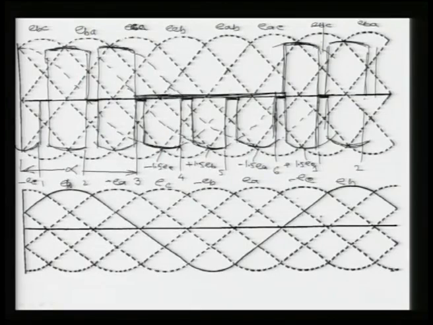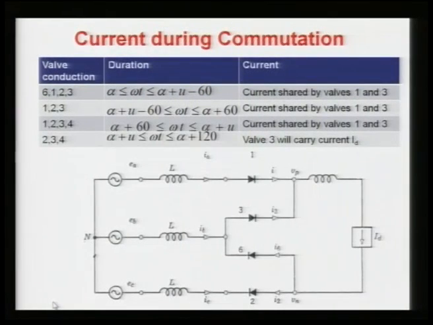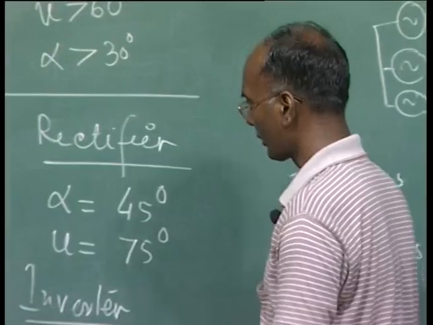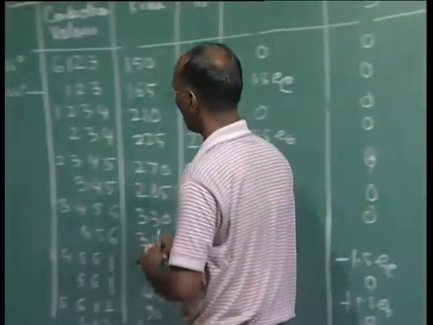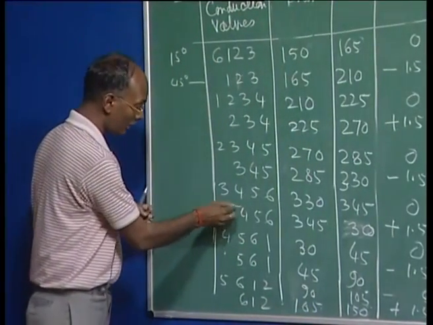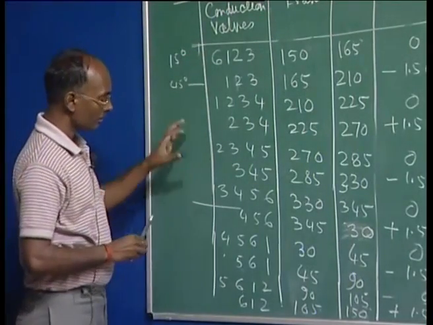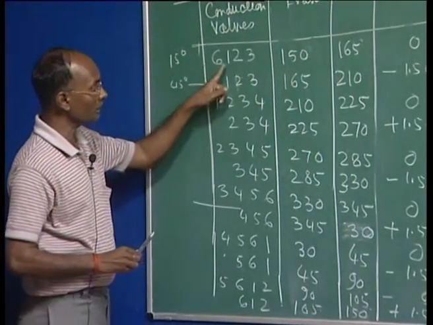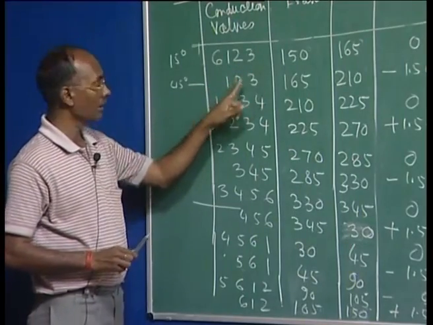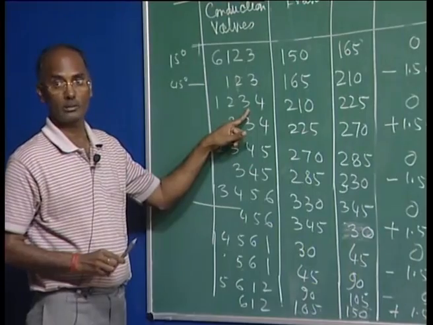Well, now let us go and calculate the current during the different intervals. Here you can see the 3 is coming in different fashions, all the way up to here, starting from here. So, here the commutation between 1 and 3 is taking place, here also 1 and 3, here also 1 and 3, and now it is over.